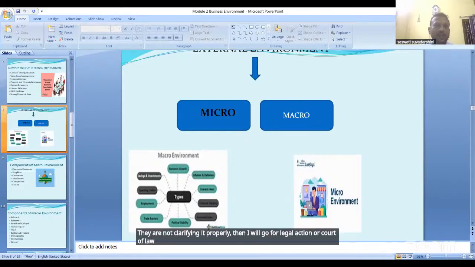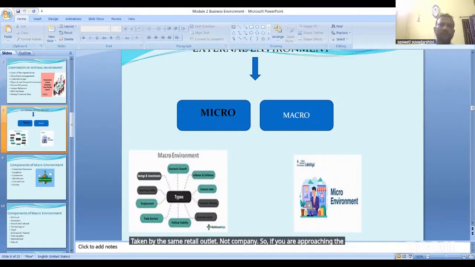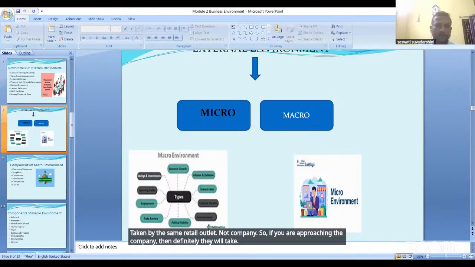Immediately I got a call from the TVS company, and that 2,000 rupees they paid through the same automobiles. So all these charges were omitted or discounted. That was actually a charge taken by the retail outlet, not the company. So if you approach the company, then definitely they will take immediate action.